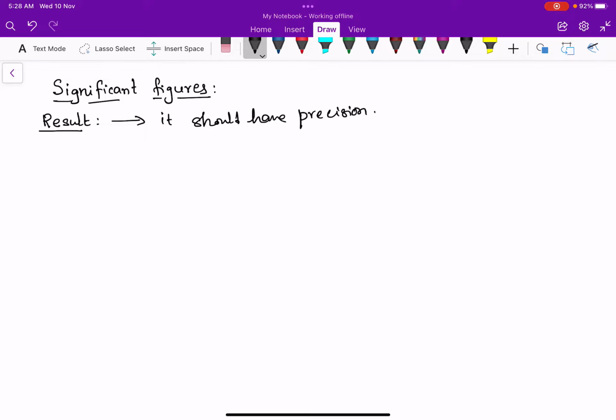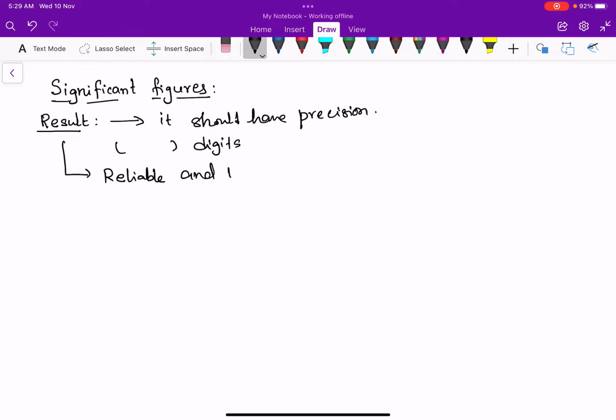Precision or limit means the answer should contain how many digits in a decimal way. The answer should have reliable and uncertain digits. So in total we will count the reliable digits and uncertain digits.